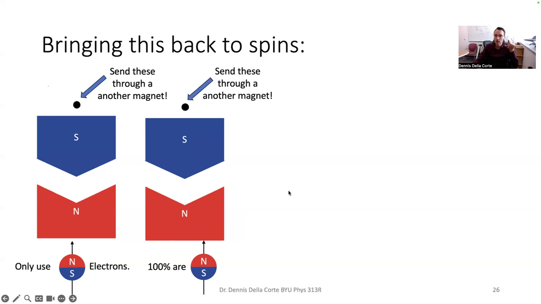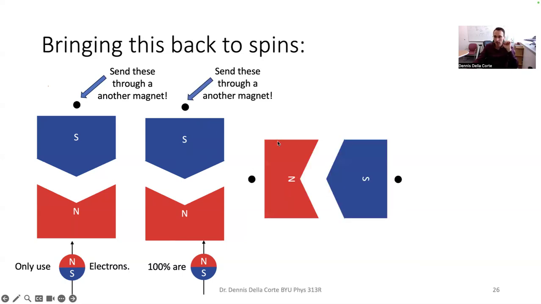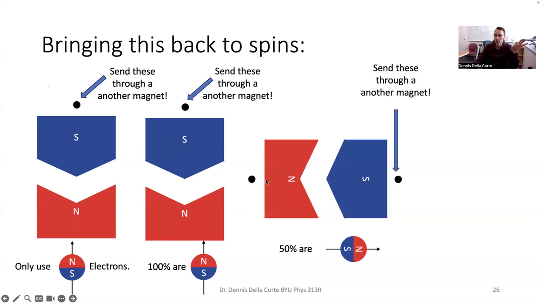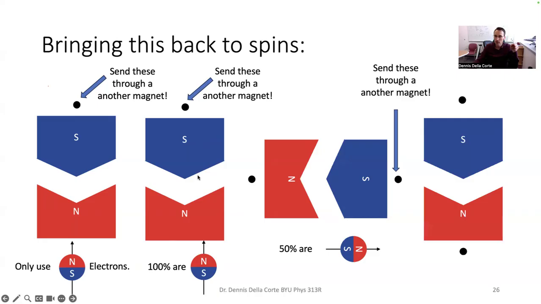But now you take these ones and send them through a magnet that is rotated like that. Now you have zero information if that electron might be pointing towards the left or to the right. And so you end up with 50% of them going to the right and 50% going to the left. Now, if you take these 50% that went to the right and send them through the same magnet that you had initially, you will find that these ones have lost all of their knowledge of where they were before.